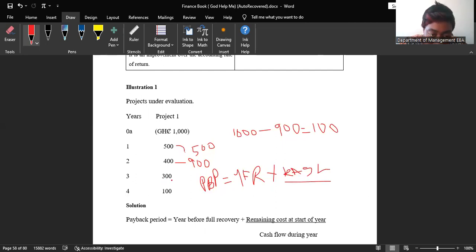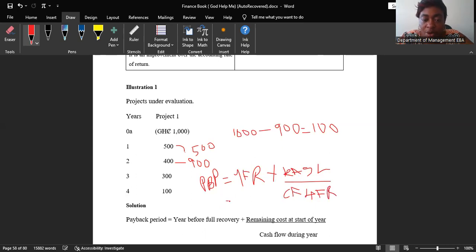But in that year, I'm basically going to recover more than our total amount. We don't want more, we just want what we invested. That's the purpose of the payback period. So the cash flow for the year of recovery, the last year.